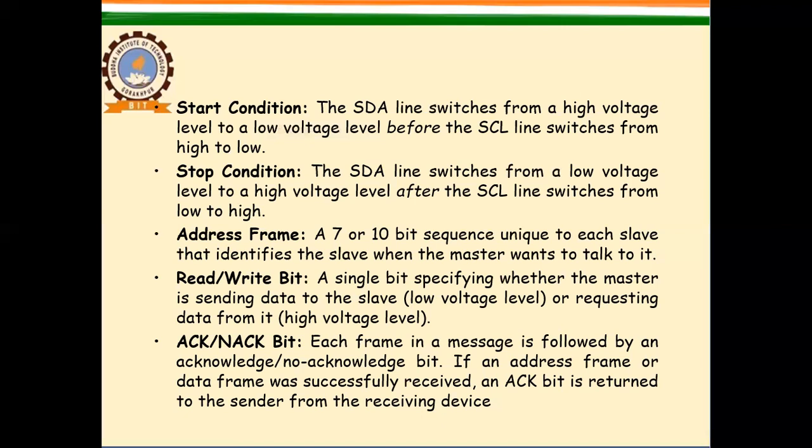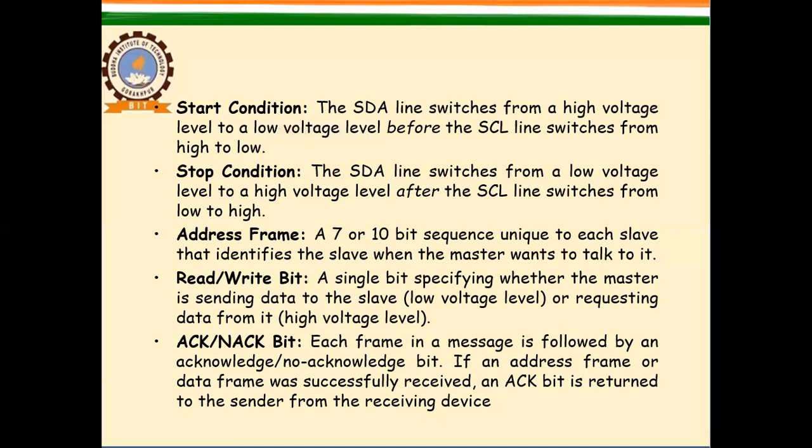Each frame in a message is followed by an acknowledgement or no acknowledgement. If an address frame or data frame was successfully received, an ACK bit is returned to the sender from the receiving device. This works from both sides, from master or from slave.